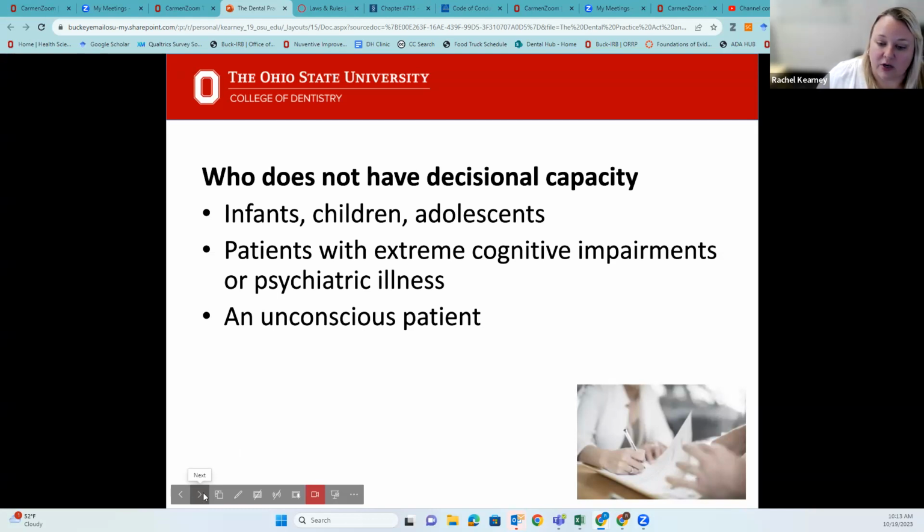And so you would work with their either guardian or their legally authorized person to consent for these procedures, because patients who do not have decisional capacity can't provide informed consent.